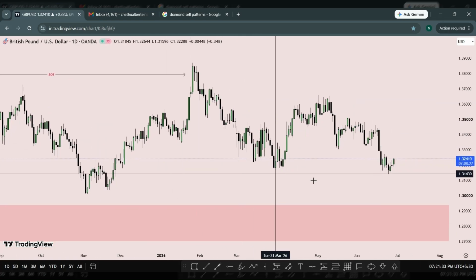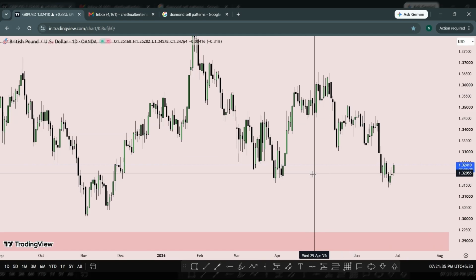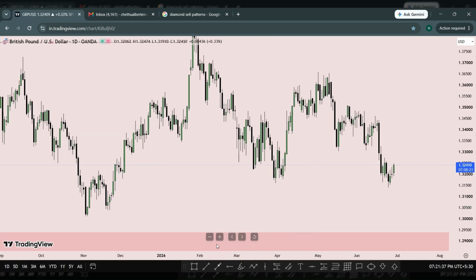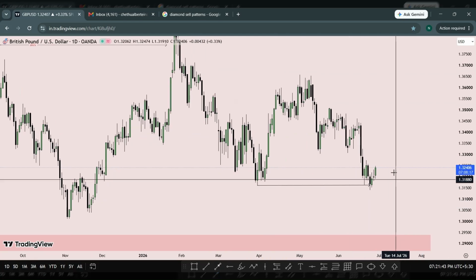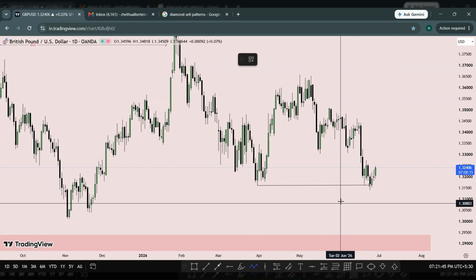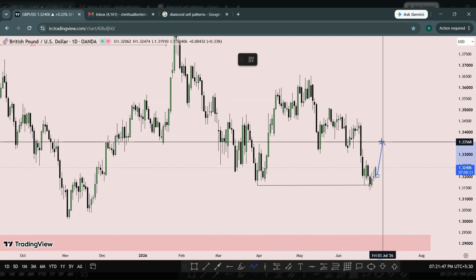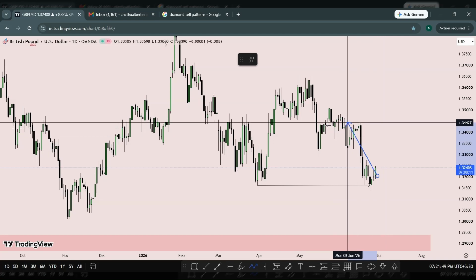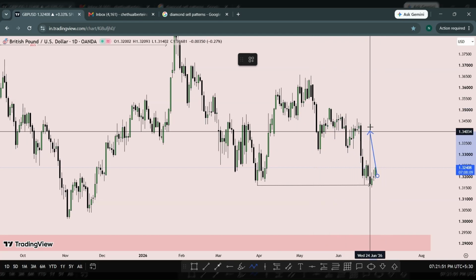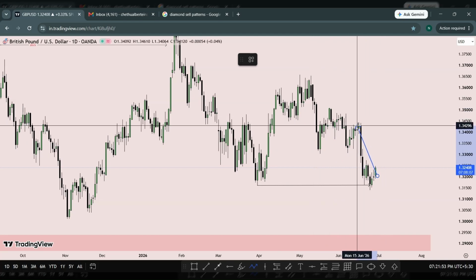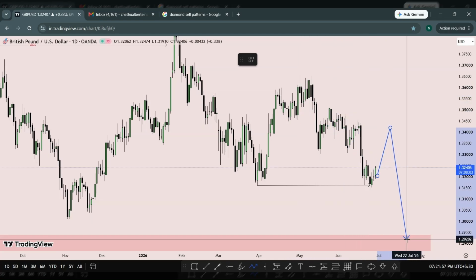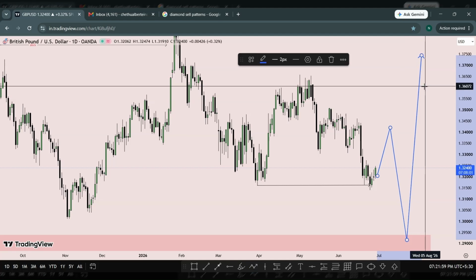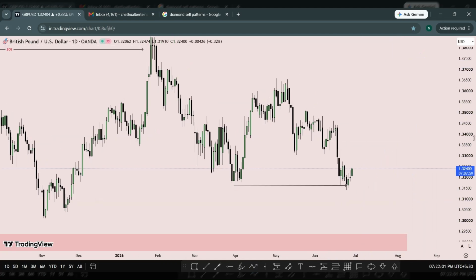From the daily time frame, what I can say is the market swept this strong low, so we can expect some buy until this zone somewhere here, or this order flow, or this demand zone, or this supply zone, to reverse, and then boom. Let's see from the four-hour chart.